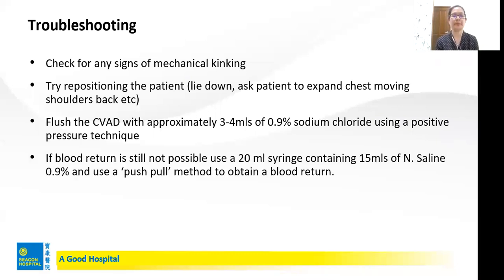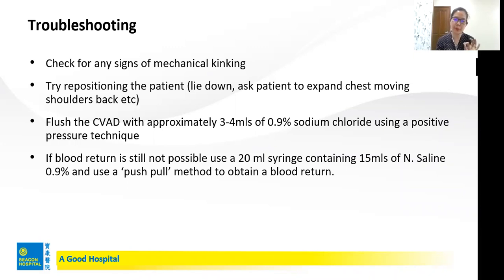Okay. Then if blood return still not possible, then you want to try to apply little pressure, but no forceful pressure, yeah? So you use the bigger syringe, which is, you can try 20 ml syringe, and then you fill the syringe with 15 ml normal saline. You leave some space behind. Then you use the push-pull method, okay?